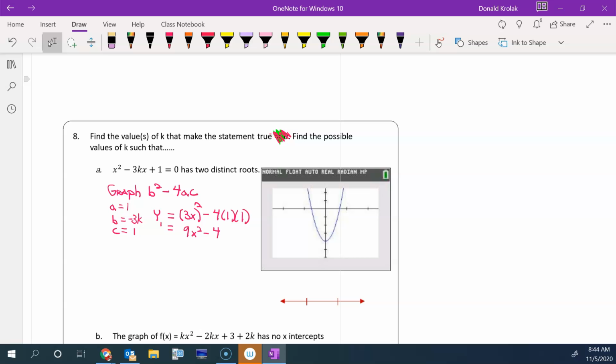That's this equation right here. And that will tell us what these 2 points are right here. Those 2 points we're going to put right down here on this number line, as soon as we get them.